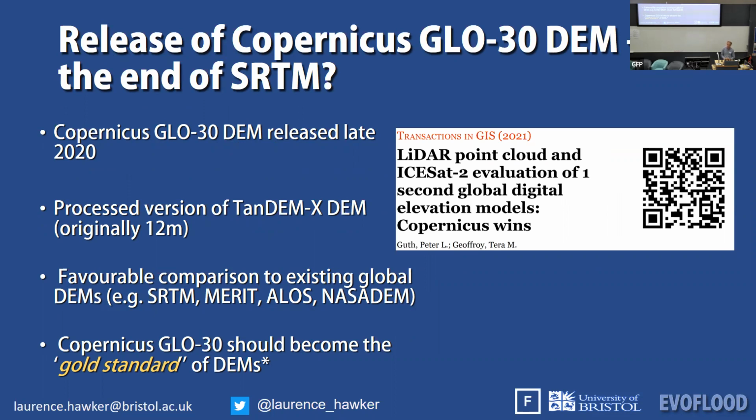TanDEM-X is a great product, but unfortunately you can only have it for a small area for research purposes. The Copernicus group created a 30-meter DEM and did a lot of cleaning of the product. There have been a few studies comparing SRTM, ASTER, and the other global DEMs, and they found Copernicus DEM was the gold standard, the new best global DEM out there.